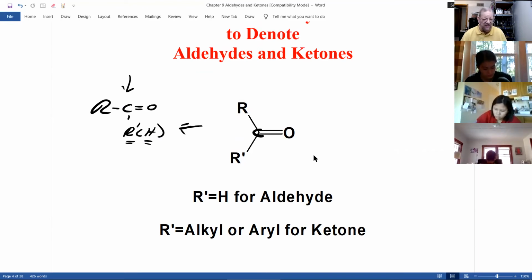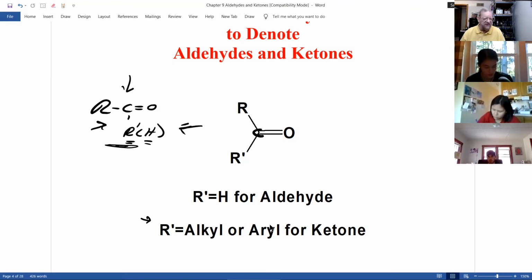When R prime is carbons, like alkyl group or aryl, meaning a benzene ring, it's a ketone. So we can have ketones and aldehydes, and you can write them both, because it turns out a lot of the chemistry, they react the same way. So being a lazy organic chemist, we found a way of writing both at the same time.